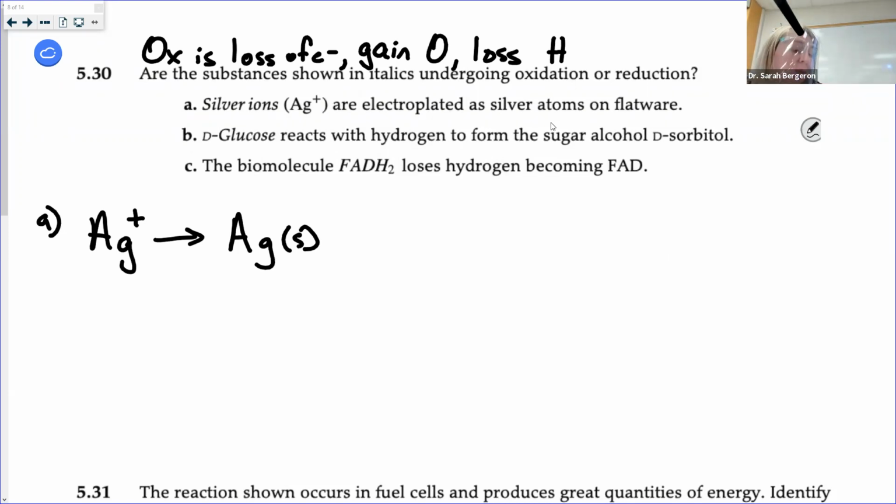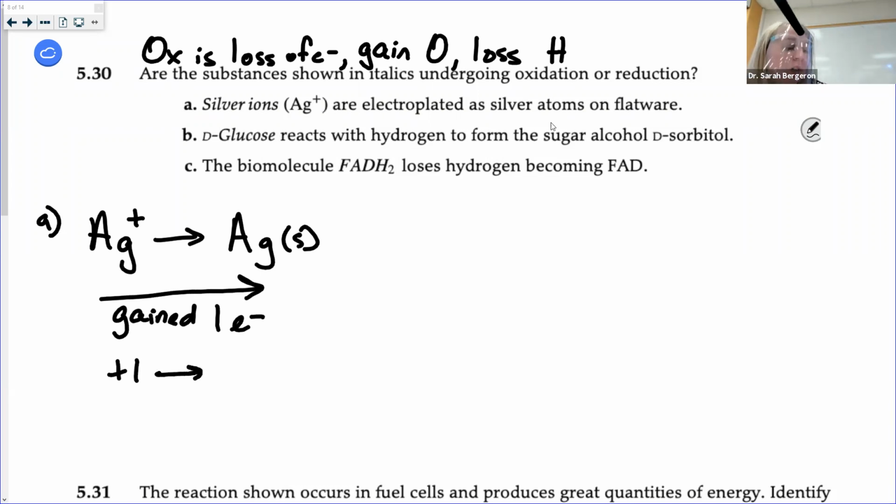I gained 1 electron, right? If you go from a +1 charge to a 0 charge, how did that happen? All you can do is gain or lose electrons when you change charge. That is the only thing that you can do. So if I go from a +1 to a 0, that means I gained an electron. So how could I classify this reaction?